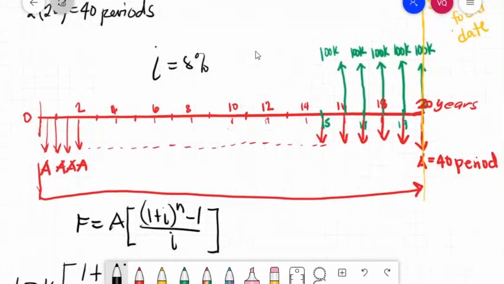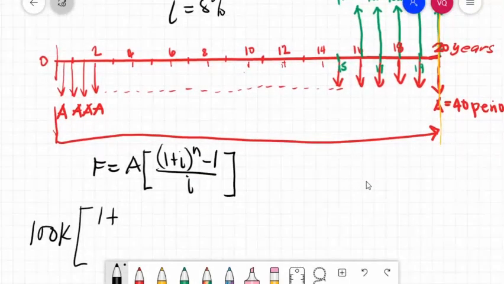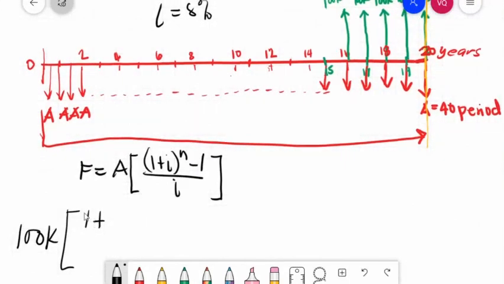Our formula would be the future annuity, because we set our focal date at year 20. So, we will use F is equal to A multiplied by (1 plus i) raised to n minus 1, all over i. So, upper equal to lower. So, 100,000. So, 1 plus i. What is our i?